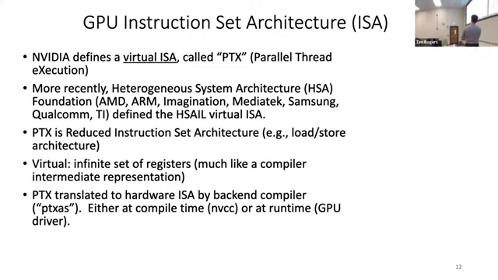So during that finalization step, it's up to the finalizer compiler to register allocate and say, all right, for this kernel, I'm only going to give it 20 registers. So now if I need to use more than 20, I've got to start doing essentially spills and fills to the memory space to reuse those registers.